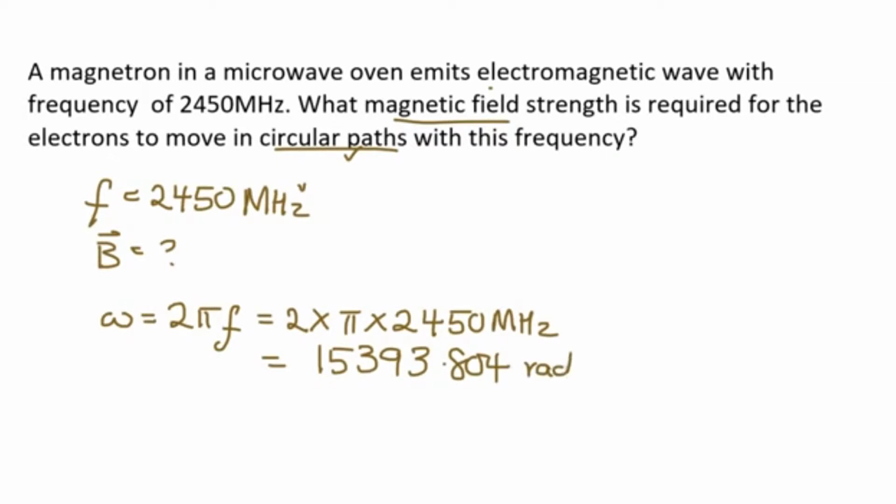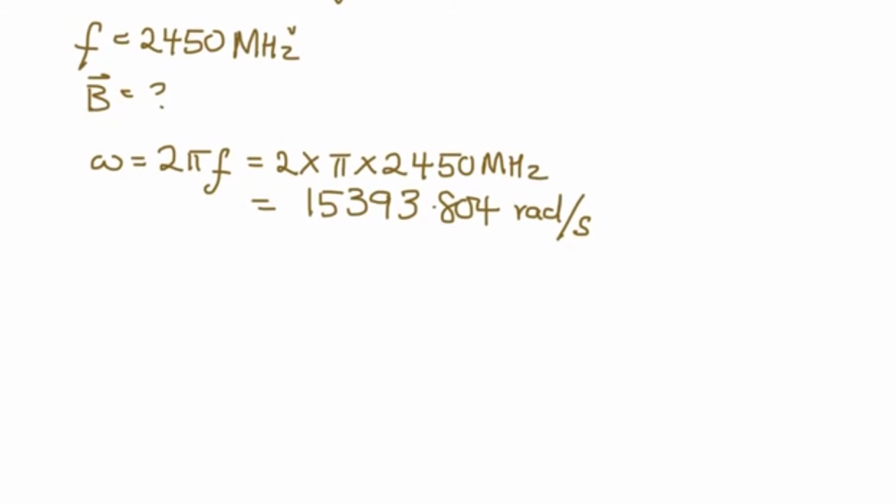radians per second. Once we have this angular frequency, the strategy is to work within the circular path and see how that reflects on the relationship with the magnetic field.